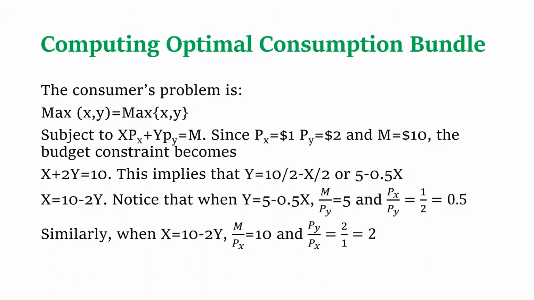When you transpose a variable, you are changing its place. The variable is no longer on the left side, it's now on the right side, so the sign in front of it changes. So you have 2y equals 10 minus x.